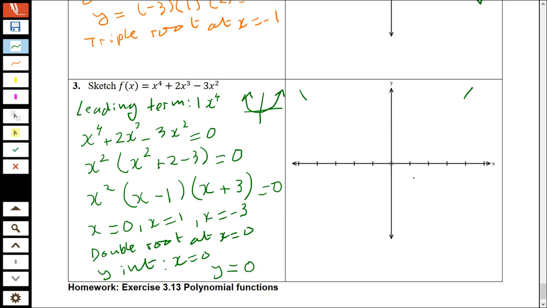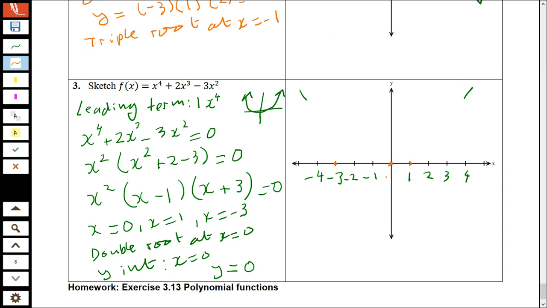So let's put some numbers here. 1, 2, 3, 4, negative 1, negative 2, negative 3, negative 4. And let's put the intercepts. So we've got 0 there. Then we've got 1. And then we've got negative 3 over here.